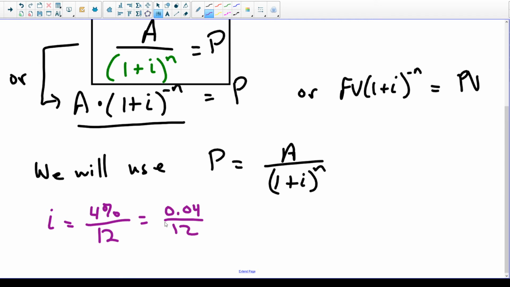I have my calculator off screen here. I'm just going to calculate 0.04 divided by 12. And that gives us 0.0033. Now we need to calculate our n value. I'm going to use blue for the n value.